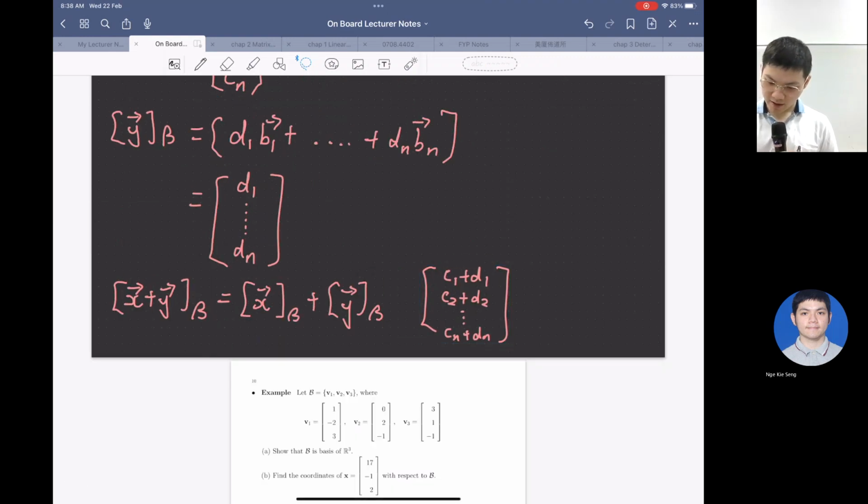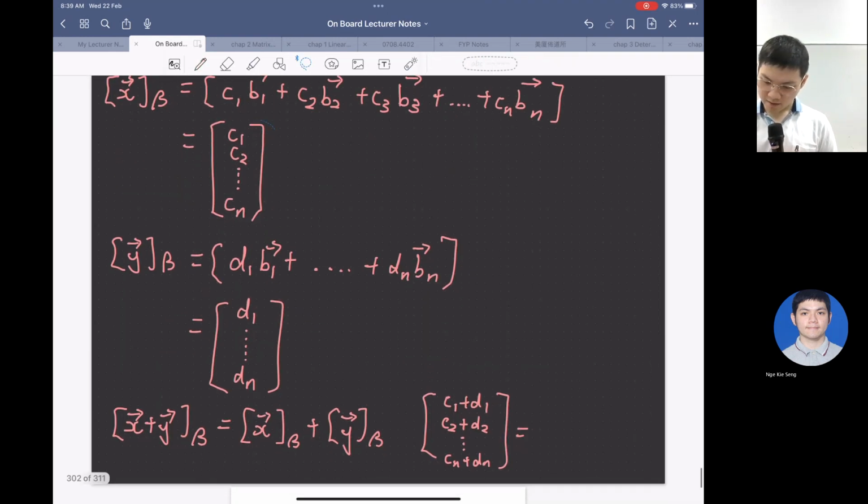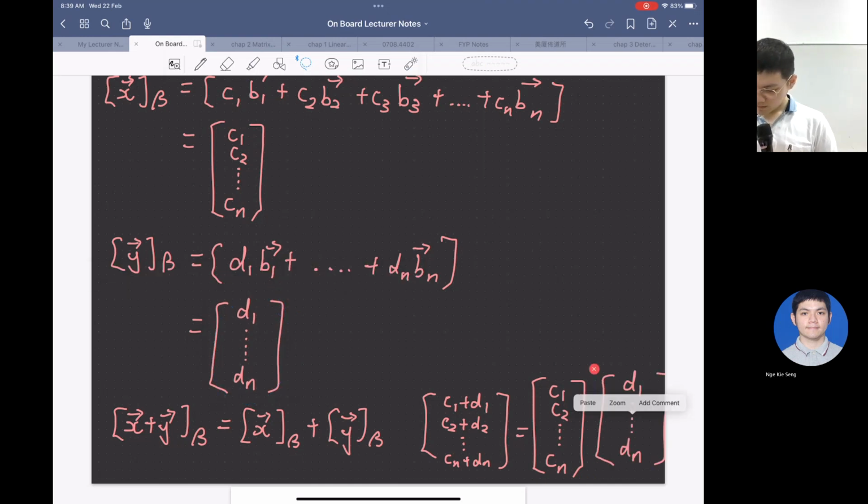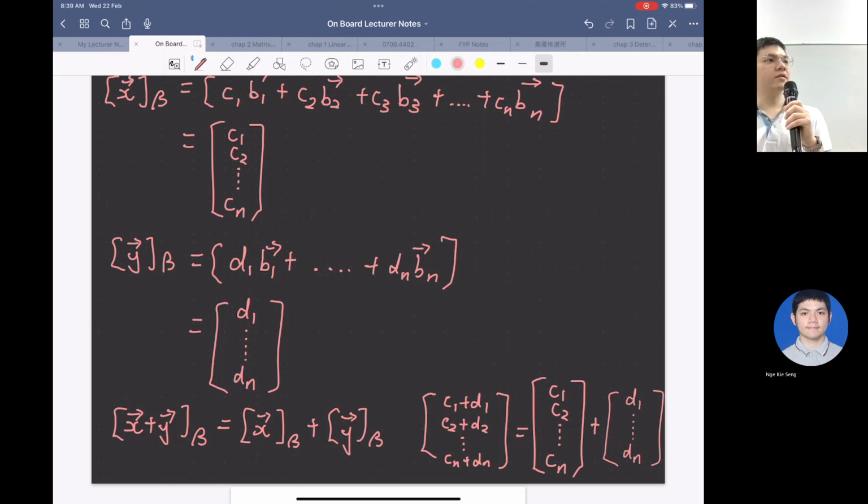On the right hand side, you have all the Ci first, and then plus all the Di. Are the left hand side and right hand side equal?